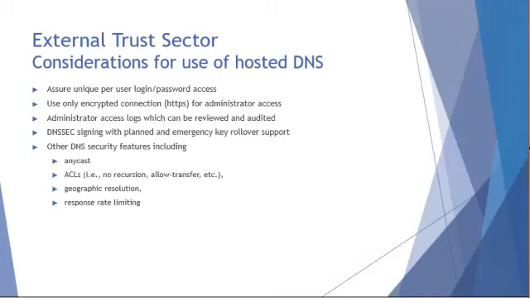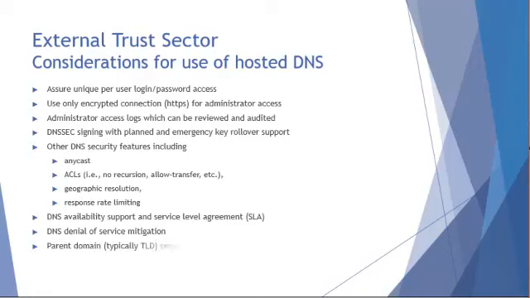Geographic resolution, providing a closest resolver answer, is a good thing as well, and response rate limiting can cut down on reflector type attacks. Obviously you want to look for a solid service level agreement, so in addition to the DNSSEC emergency signing, you want to look for service availability arrangements and any kind of notification of security breaches. DNS denial of service mitigation certainly is important.